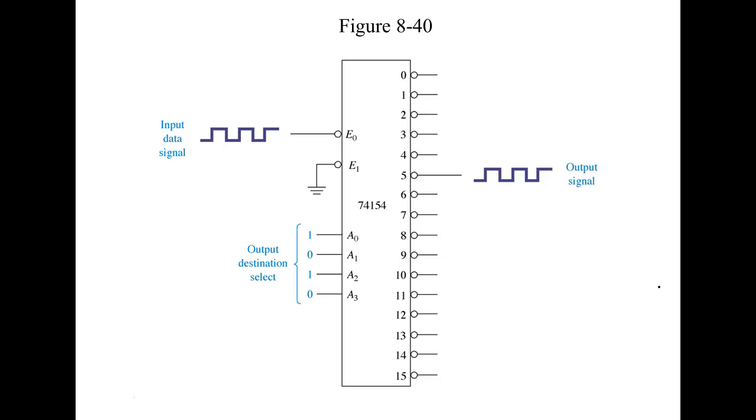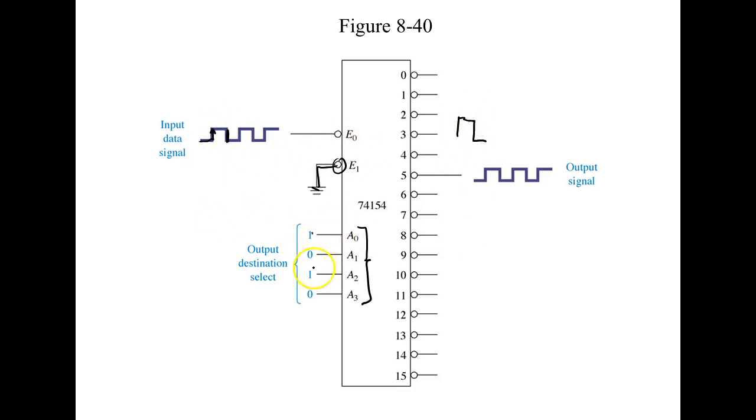So notice what they're doing. They're leaving the enable low. Then they're coming up here and they're selecting a 5. Can y'all see that? Yes or no? So every time the input goes high, the output would go high because it would be disabled. Every time the input goes low, it would be enabled and output 5 would go low.